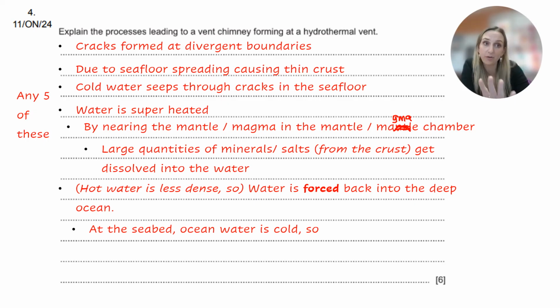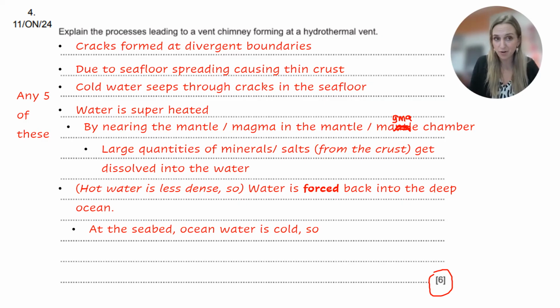All right, for this so far, they said any 5 of these. This question is a total of 6 marks. The only thing we haven't really talked about yet is solubility. I would have included it in explaining why the minerals are getting dissolved into the hot water. That wasn't on the mark scheme.